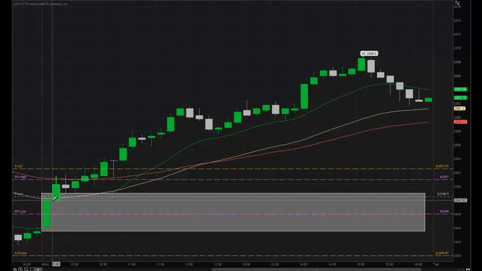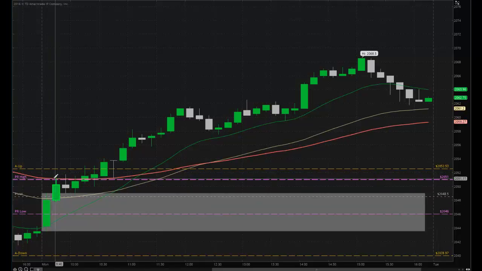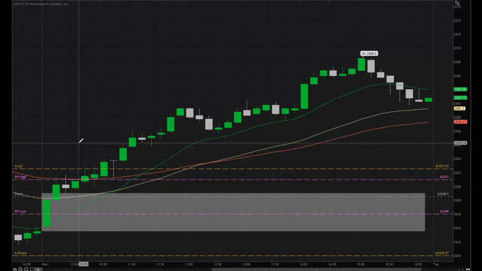And whenever you place a trade with the ACD method, your first question you want to ask yourself is, where do I get out if I'm wrong? Okay, and in this case, you're going to get out above the pivot range high. Okay, so this pivot range should hold as resistance, and once you trade above the pivot range high, then you would be wrong, and you would of course exit the trade.